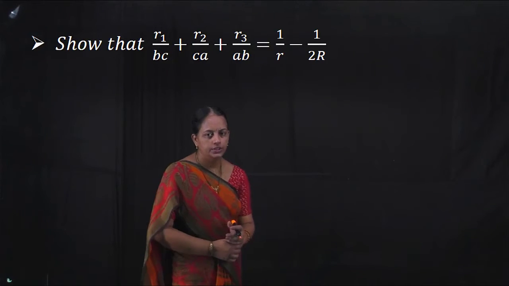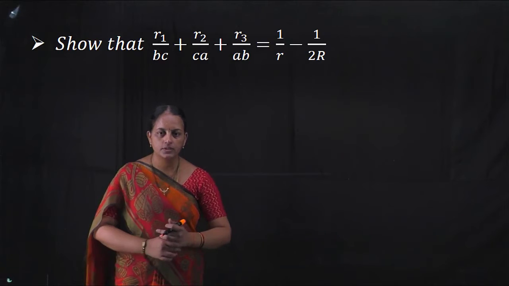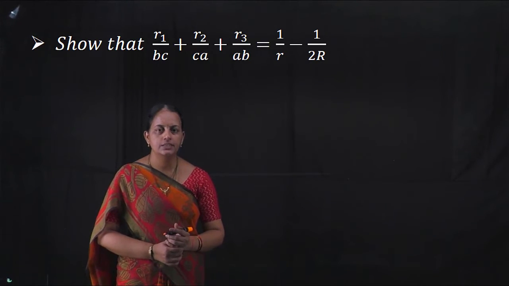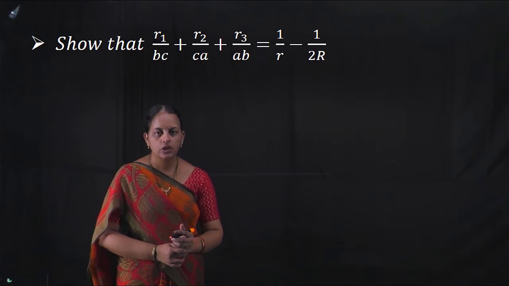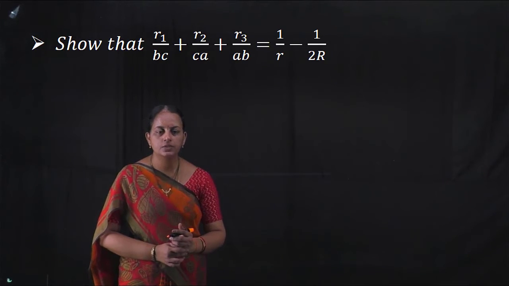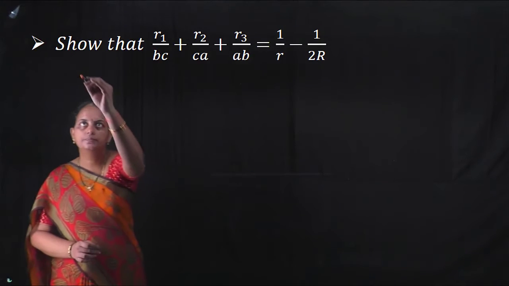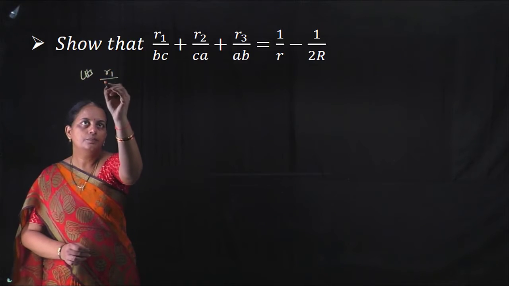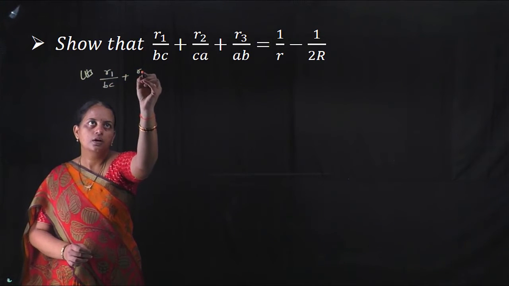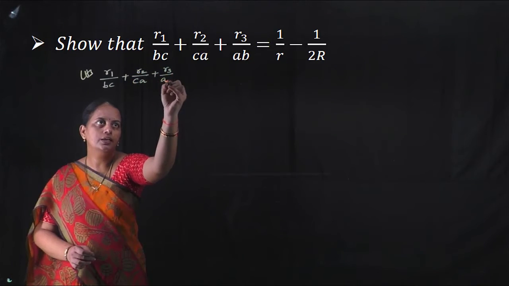Next question, which is very important regarding the board exams: show that R1 by BC plus R2 by CA plus R3 by AB is equal to 1 by small r minus 1 by 2 into capital R. Consider the LHS part, that is R1 by BC plus R2 by CA plus R3 by AB.